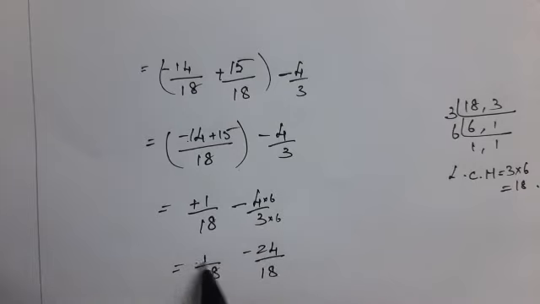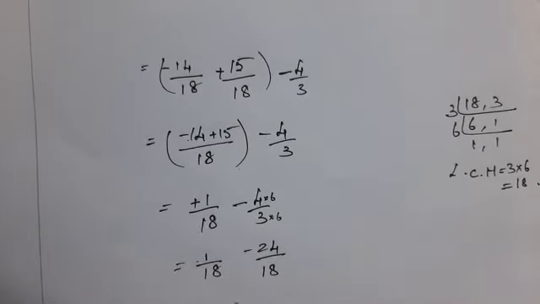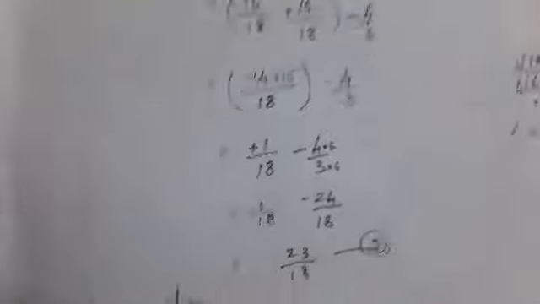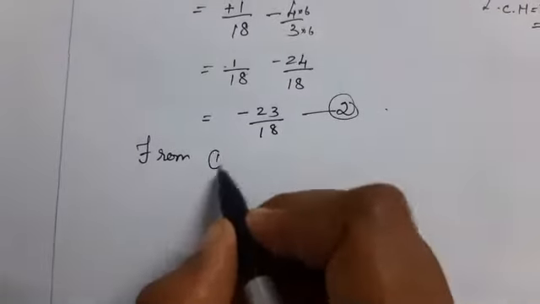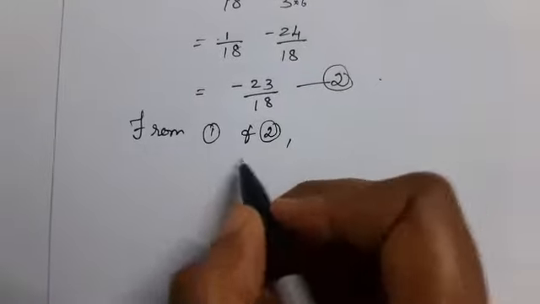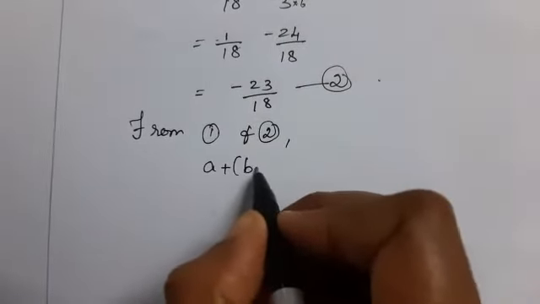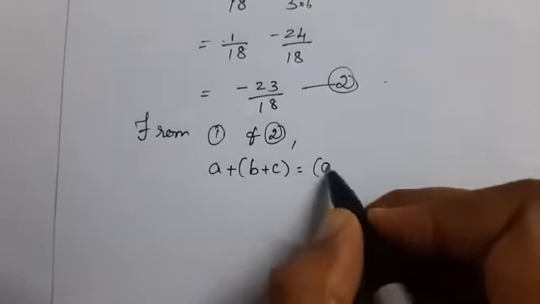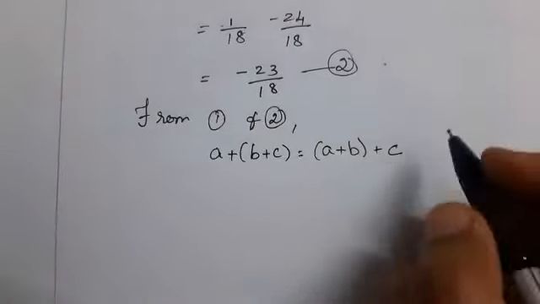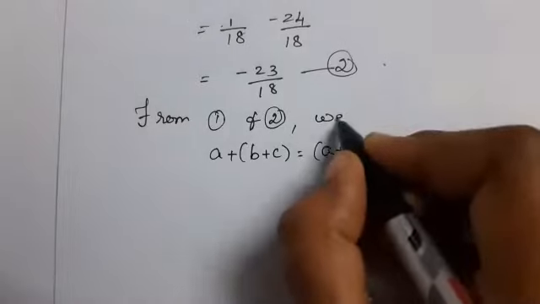Minus 24 by 18. Now both the signs are different in the numerator. Therefore 1 minus 24 means minus 23 by 18. From 1 and 2 we get A plus B plus C is equal to A plus B plus C. Therefore associative property for addition is verified.